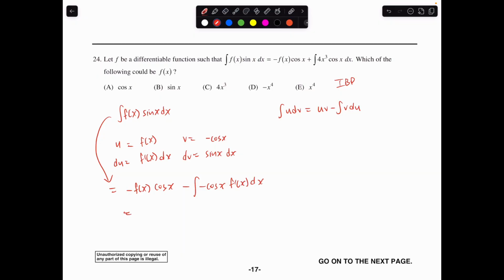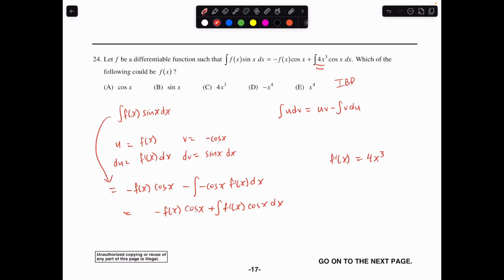If I take out that negative sign, it's negative f of x cosine x plus the integral of f prime of x cosine x dx, and that means f prime of x is equal to 4x to the power of 3, from looking at the question.